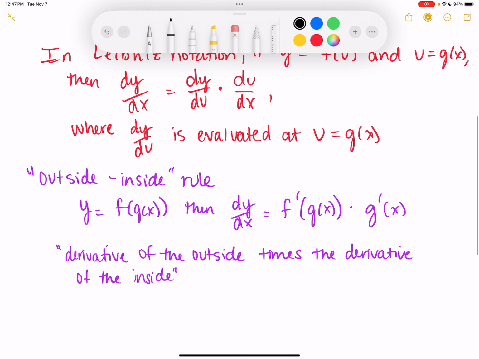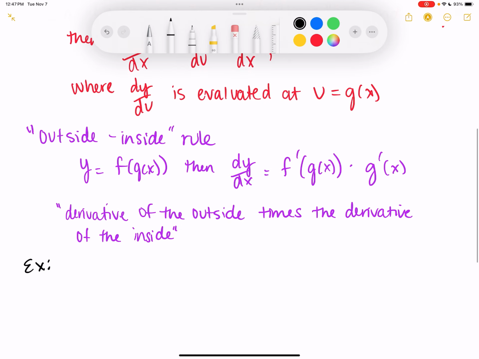So I'm going to show you a little example of this really fast. If I am told to take the derivative of sine of x squared plus 4, basically, I could decompose this into two separate functions.